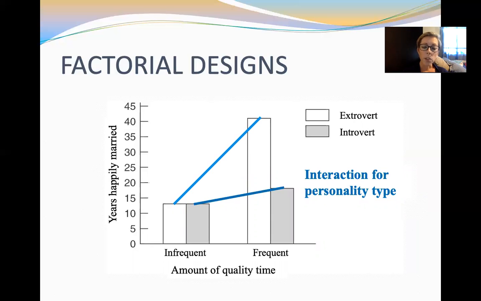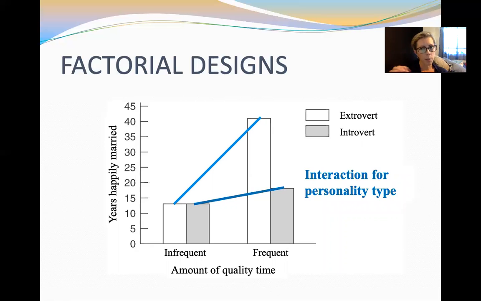If you notice, these 2 blue lines are different in slope, right? One is steeper than the other. So a difference in slope of these lines would suggest that the frequency of quality time, so how much quality time you spend with your partner, is more important, right? There's a steeper slope. It's more important for extroverts than it is for introverts.